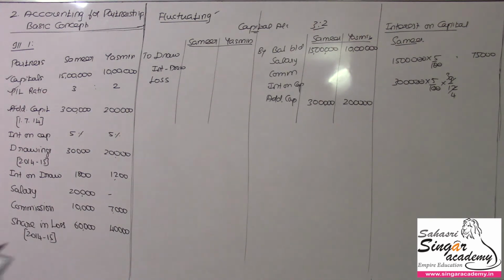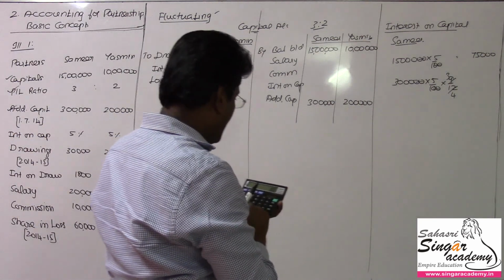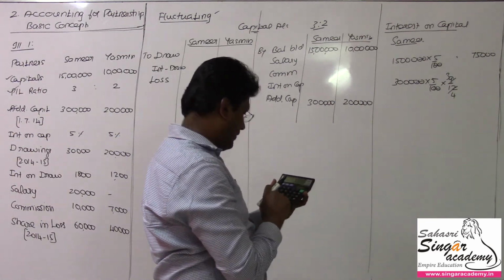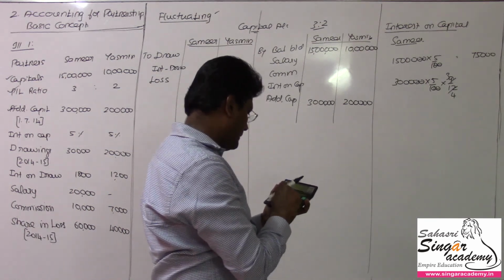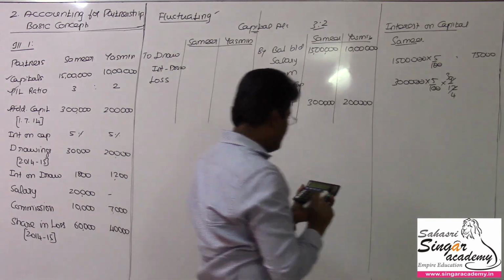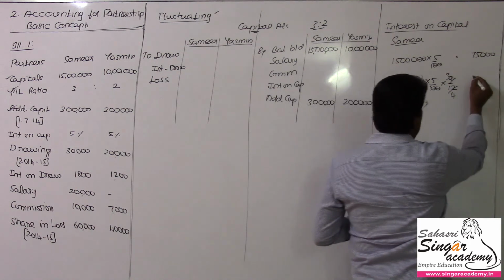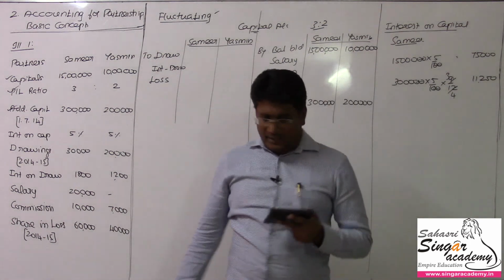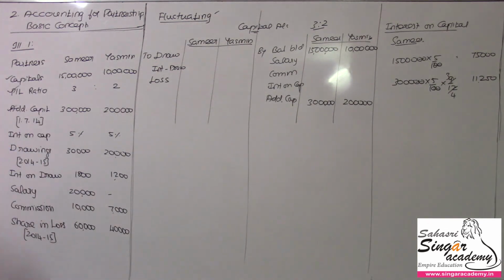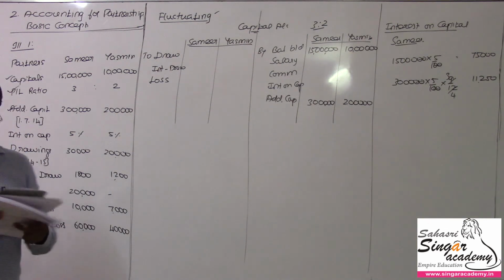The value will be 3 lakhs into 5% into 9 by 12, which is the correct one. The value will be 11,250. In the text, the answer is quite a bit different, right?